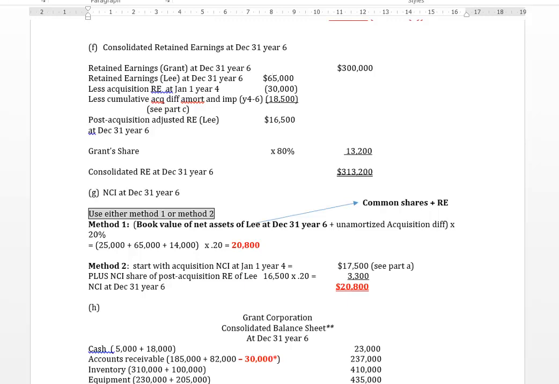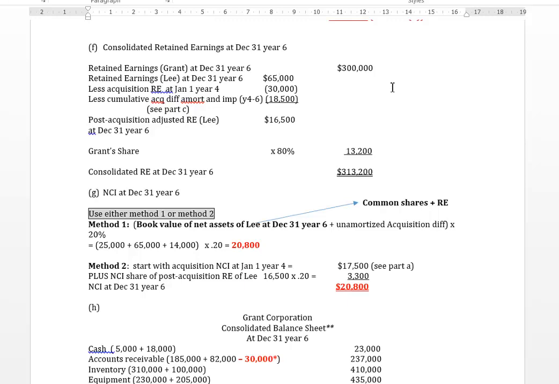Well, that does not represent any retained earnings that have been earned by Lee subsequent to the relationship with Grant. So we're going to not include or deduct the retained earnings that Lee earned before they became related to Grant. We're going to deduct it from this $65,000, which is their current end-of-year balance.